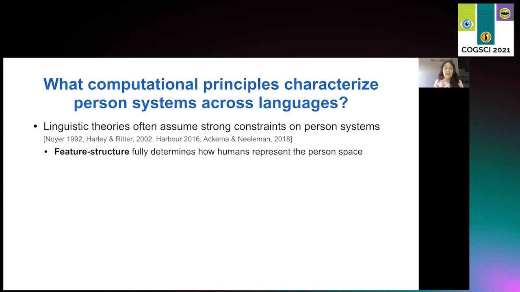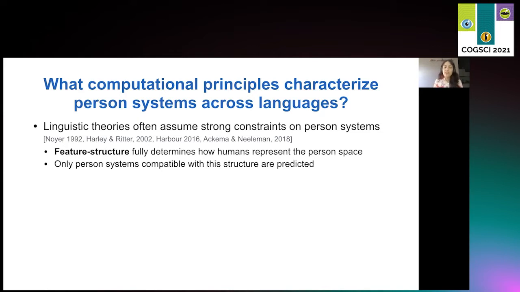The general idea here is that there is a set of features or a feature structure that fully determines how humans represent the person space. And it does so in such a way that only those person systems that are compatible with that structure are predicted to be systematically attested in the world's languages.